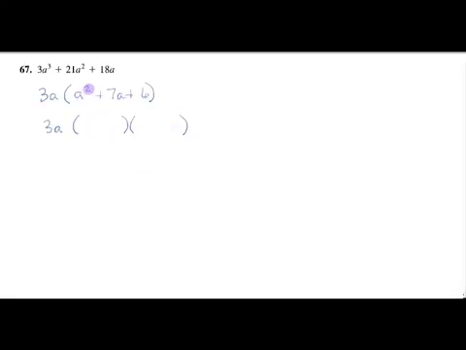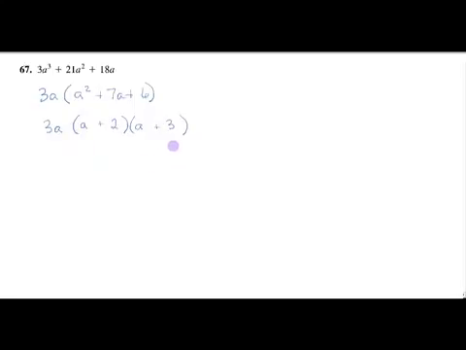I'm going to split my a squared up as a and a. Now I'm looking at 6. There's more than one way to break that up. We could write it as 2 and 3 or 1 and 6. Which one would work? Well, if you're not sure, let's go ahead and try. A 2 and a 3.